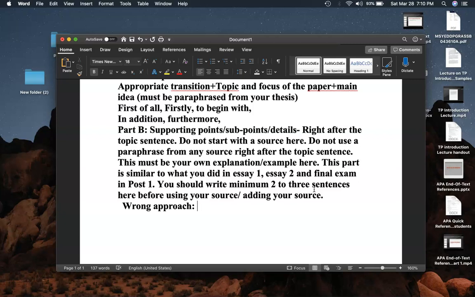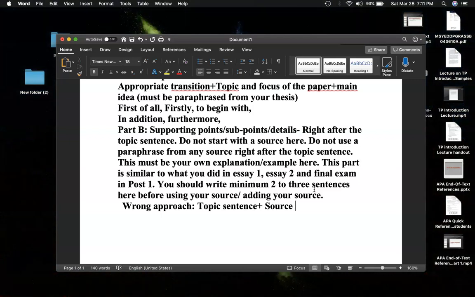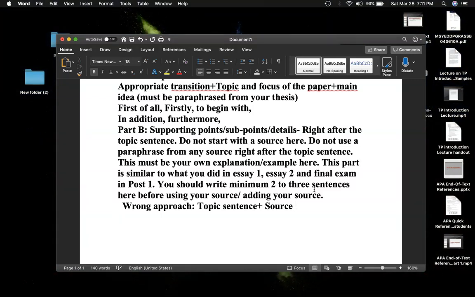So the wrong approach is topic sentence plus source, directly paraphrase: one of the effects is this, according to someone, and then the citation. Very low grade. Another approach from students is not exactly wrong, but it's not going to give you an A directly. If you are aiming for an A, you should not go for these two approaches.